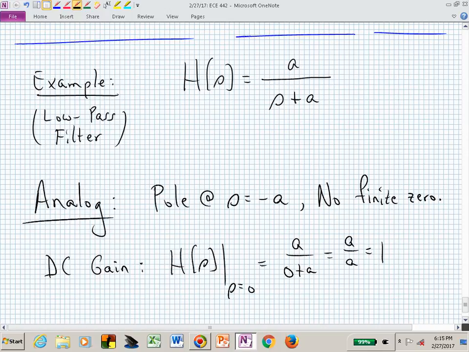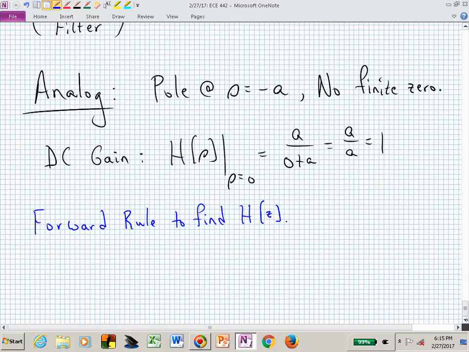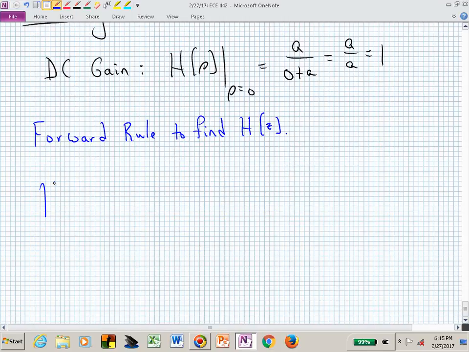So before we do that, we need to find capital H(z) using this capital H(s). Let's now use the forward rule to find H(z). To make this distinction, let me label this as H sub f for forward.